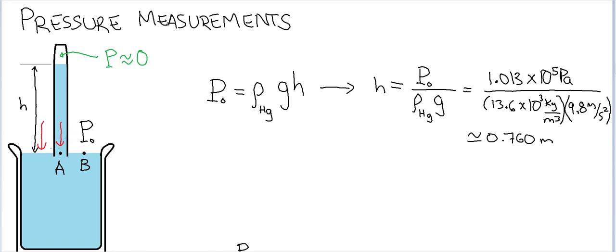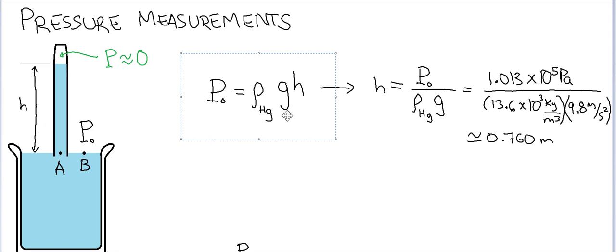When the weight of this column is equal to the weight of all of the air above, which is related to air pressure, then this will achieve a static equilibrium and this height will remain fixed. And so what we're going to say is that air pressure needs to equal, and by the way, for this purpose, I'm going to use this liquid as mercury.